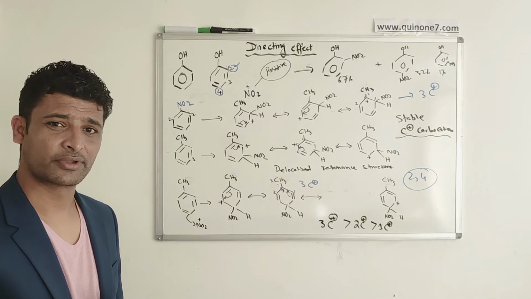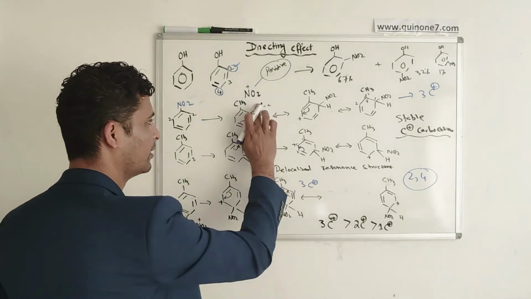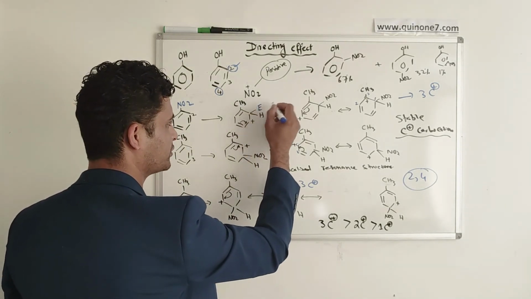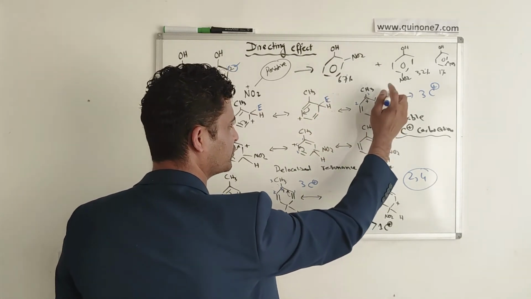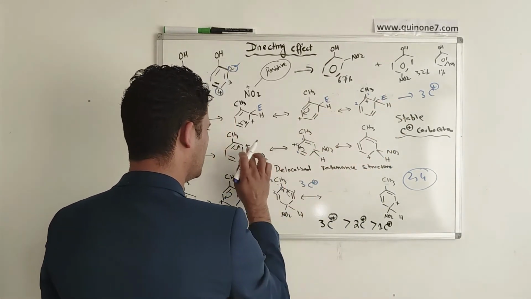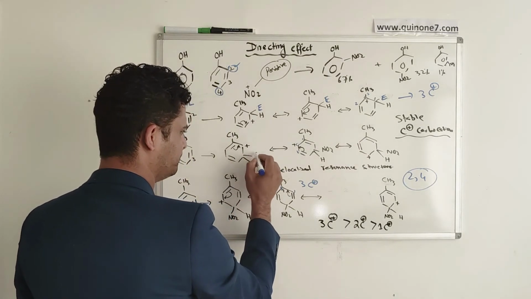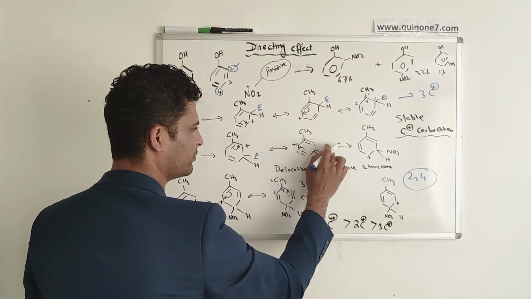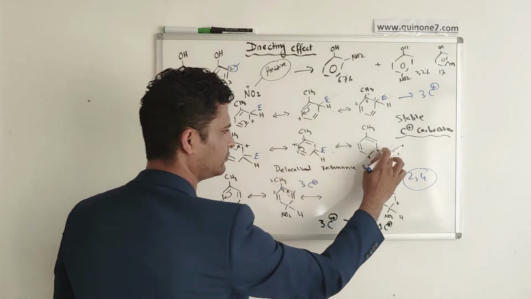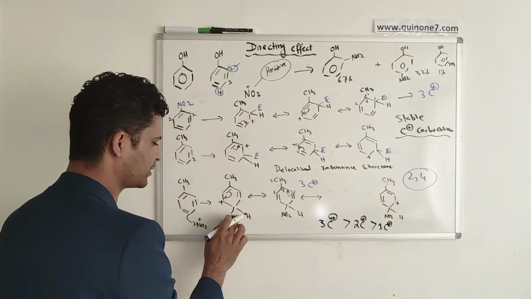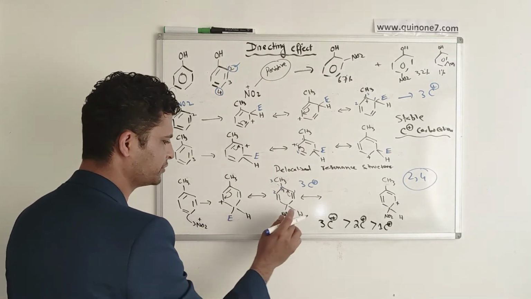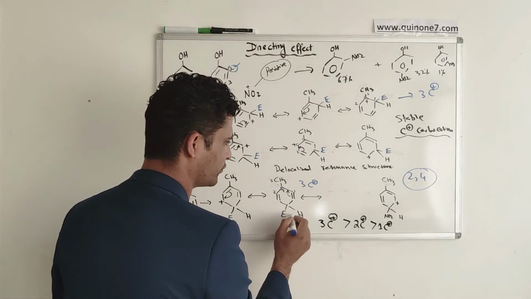This is the electron withdrawing group, and you can have an electrophile. We're just putting E there to make sure that we do not use the same symbol. So this electrophile will be replaced. We have 3 possibilities: it's either going to go to the 2 position, or 4, or 3.